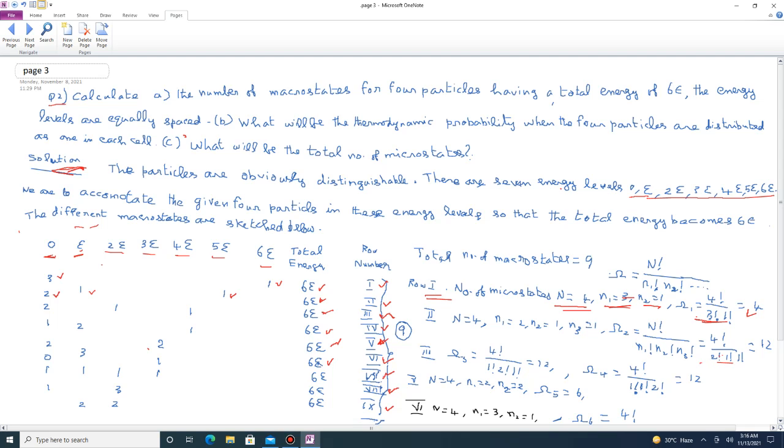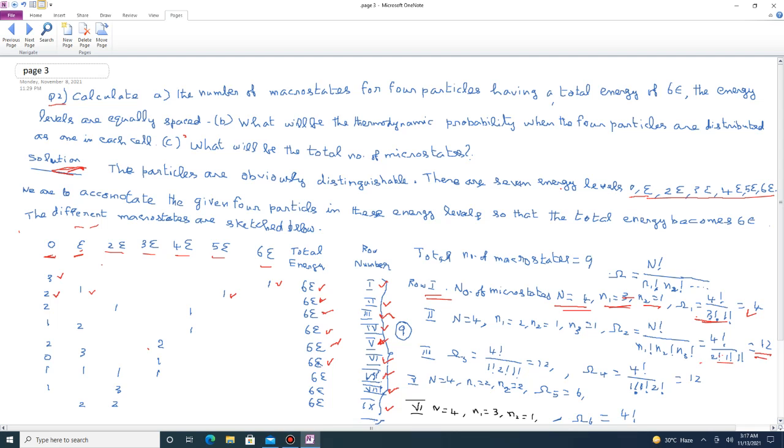So here there are 3 sets, n1, n2, n3. So now the total number is 12. Now you take the row number 3, you can calculate omega 3. Omega 3 is the number of microstates corresponding to the third macrostate.